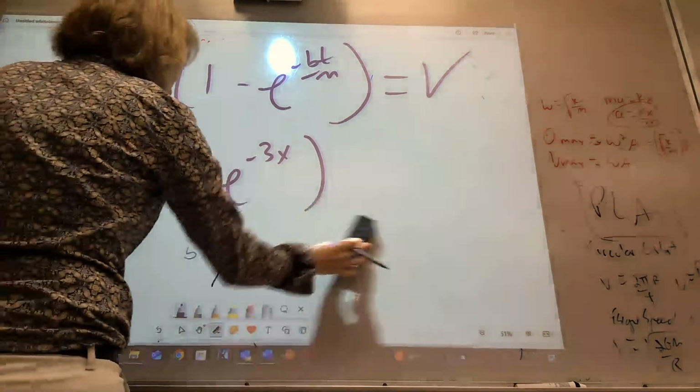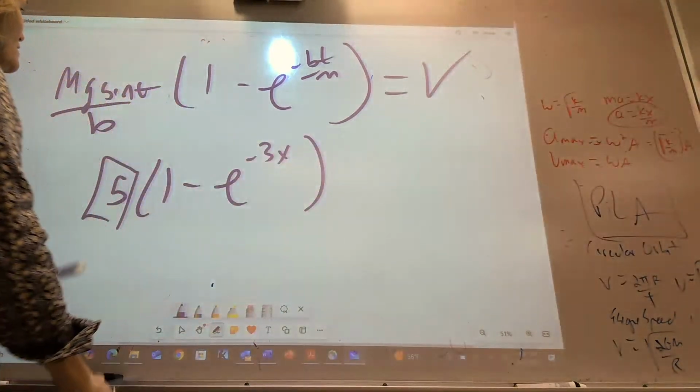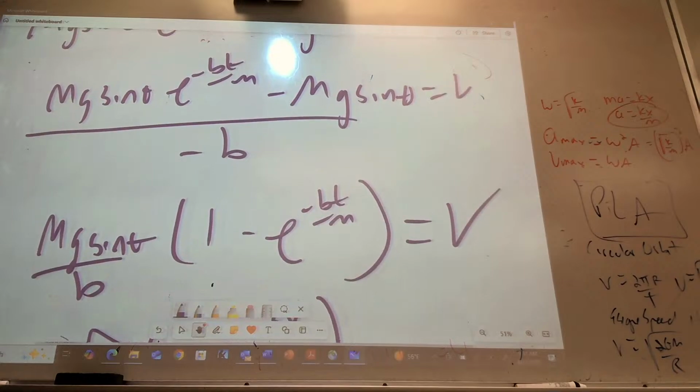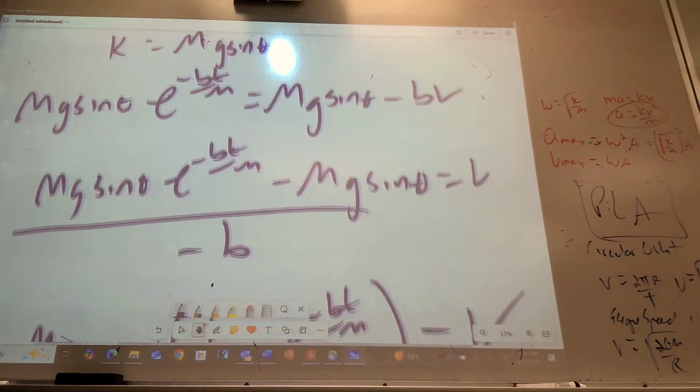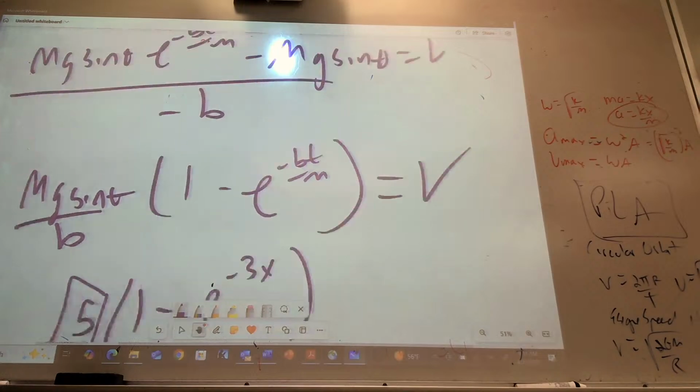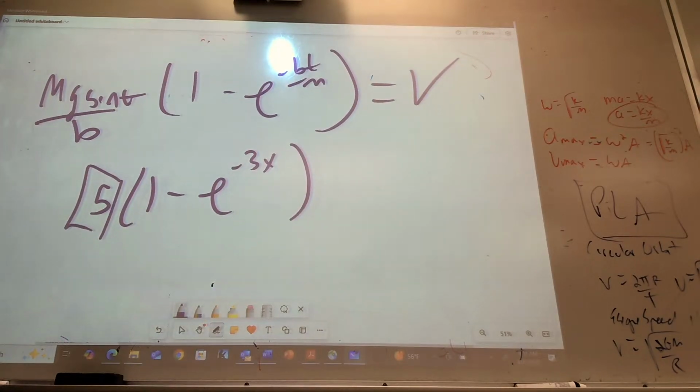This is e to the u. So let's say you take the derivative of this. You can do it in the other form you had. But anyway, if you want to distribute that, go back and distribute that mg sine theta over b to take your derivative either way.